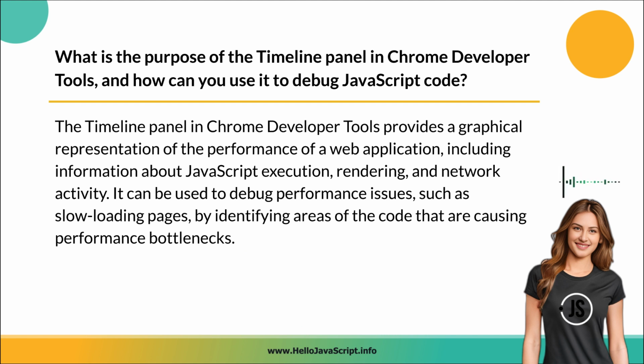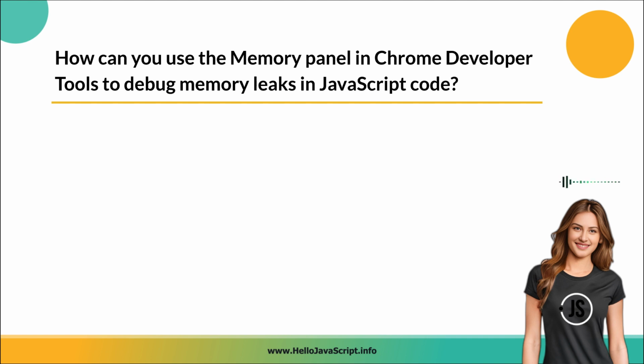The Timeline panel provides a graphical representation of the performance of a web application, including information about JavaScript execution, rendering, and network activity. It can be used to debug performance issues, such as slow-loading pages, by identifying areas of the code that are causing performance bottlenecks. Let's move on to the next question.